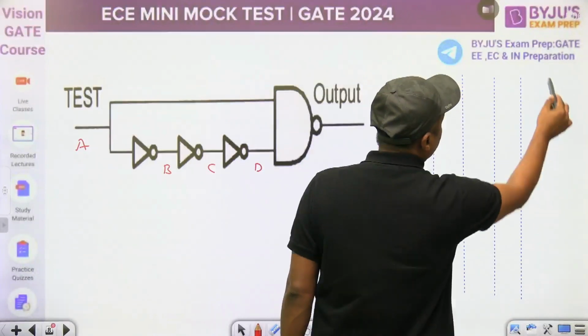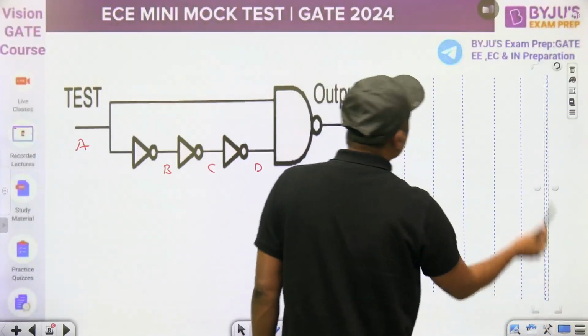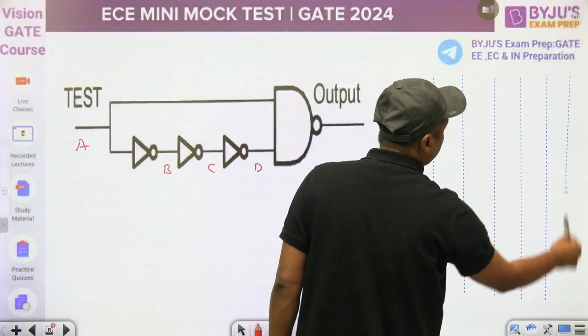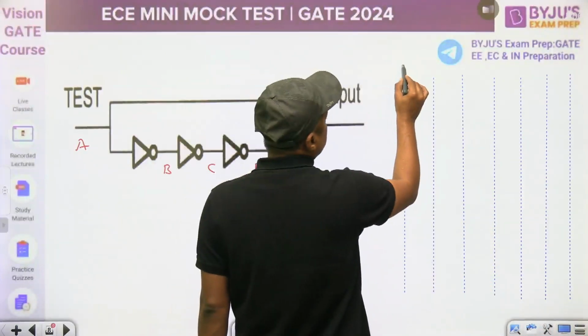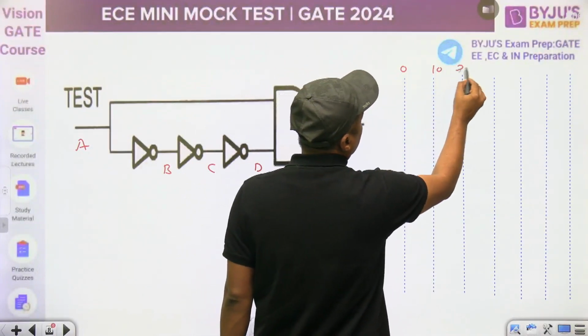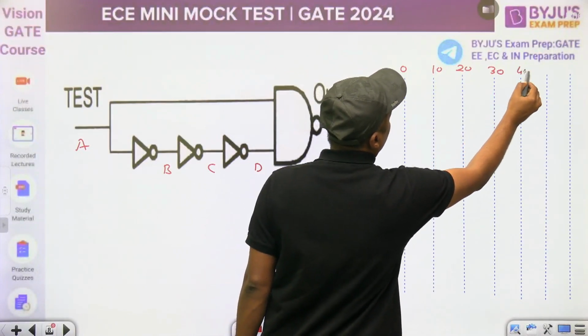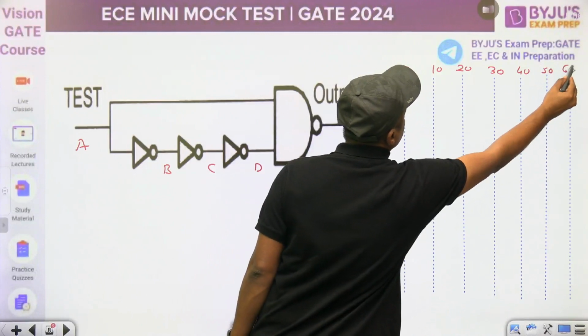The gap between 2 lines is 10 nanoseconds, guys. So this is 0, 10, 20, 30, 40, 50 and 60.